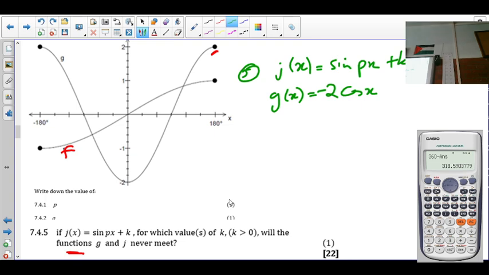If you're looking at the sine of x graph, this part of the graph is actually f of x. Can you see that before? That's actually f of x. What effect does k have on f of x to get j of x? It's a vertical shift. The graph is either moving up or down, normally. But because k is greater than 0, what does that mean?